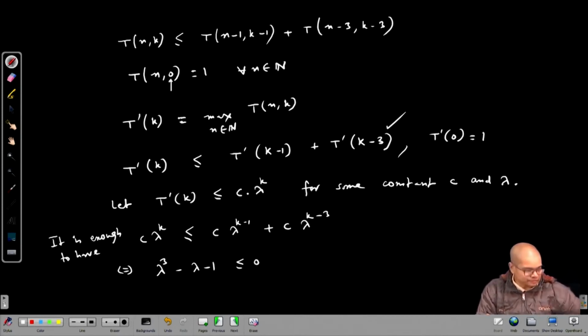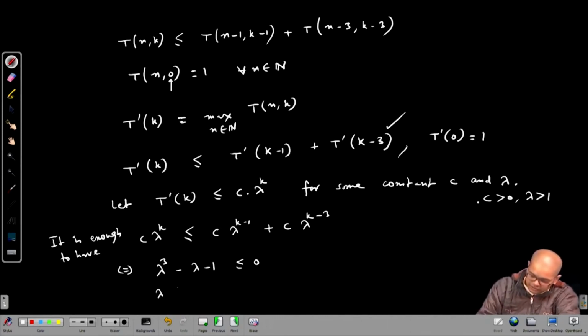So solving this, what we get is lambda is... and of course c and lambda must be positive, and c must be positive and lambda should be greater than 1.